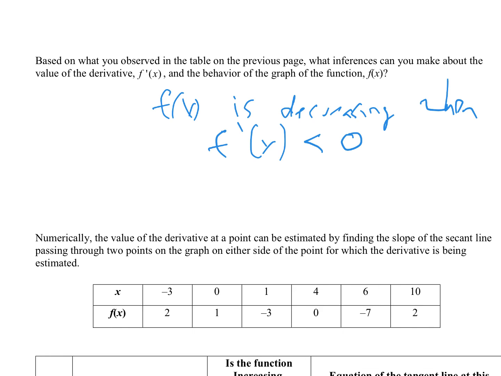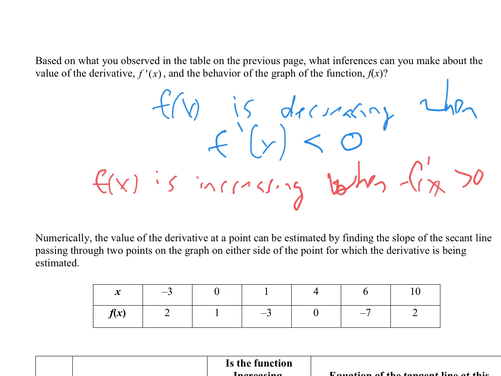I also noticed that f of x is increasing when f prime of x was greater than 0.